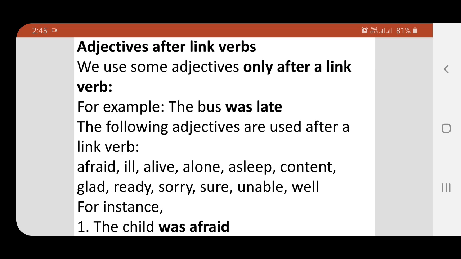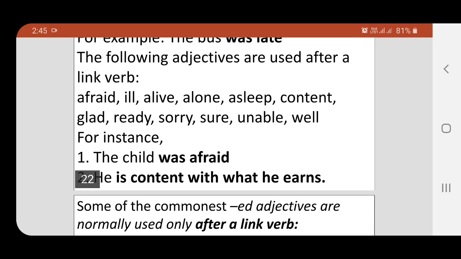He is unable. Is is the verb. He is unable to read, because he left his glasses, goggles, or reading glass. For example, in your textbook it is given: the child was afraid.